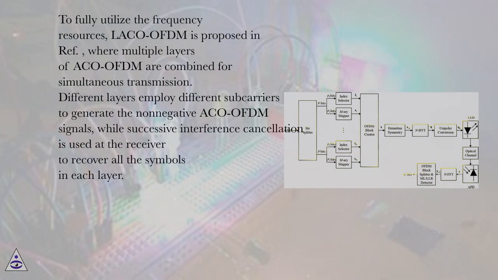To fully utilize the frequency resources, LACO-OFDM is proposed in [REF], where multiple layers of ACO-OFDM are combined for simultaneous transmission. Different layers employ different subcarriers to generate the non-negative ACO-OFDM signals, while successive interference cancellation is used at the receiver to recover all the symbols in each layer.